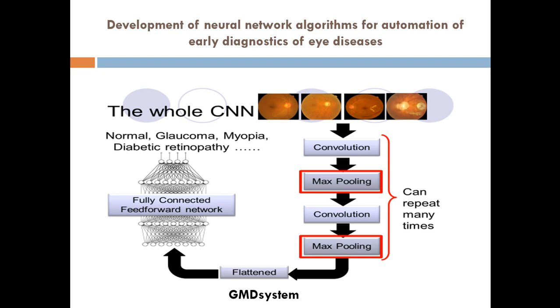We have three types of eye disease and normal eyes. We want to classify four classes, and we want the neural network to predict and classify the eye's disease.